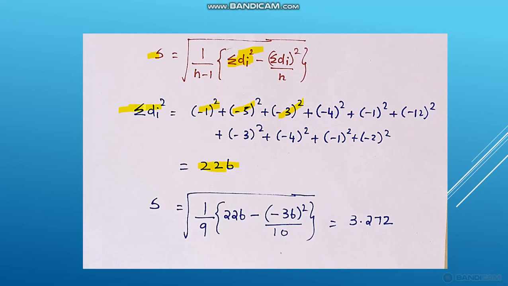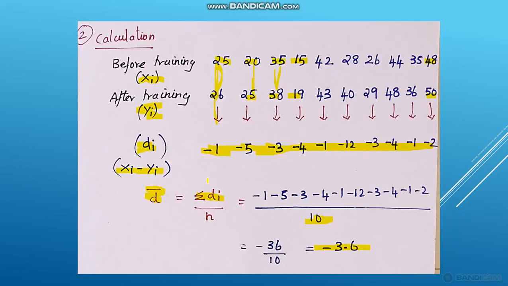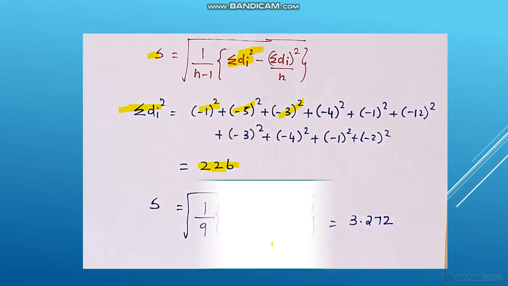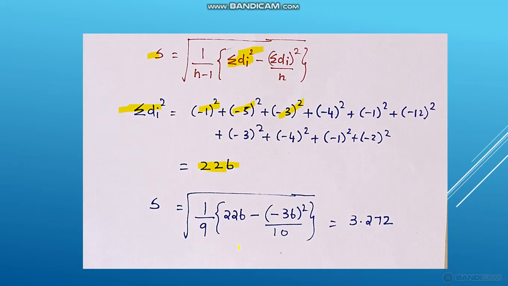In the previous calculation we found the summation of d, which is minus 36. The summation of d squared is 226 and the summation of d is minus 36, so you get a sample standard deviation of 3.272.